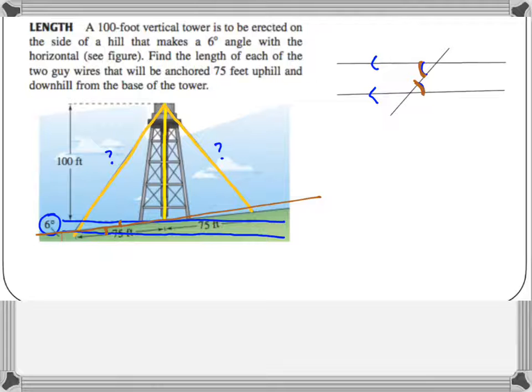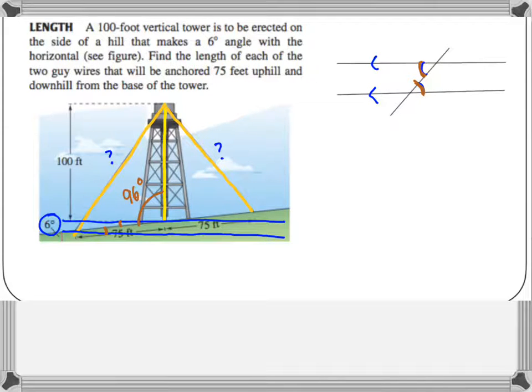So therefore, I know that that little angle is 6 degrees. If this is going to be a 90-degree angle, because you wanted it to go straight up and down, so the structure is not leaning, then you would have 90 degrees plus 6 degrees, which is going to give us 96 degrees for that angle right there.